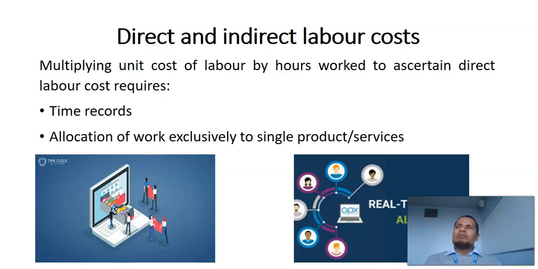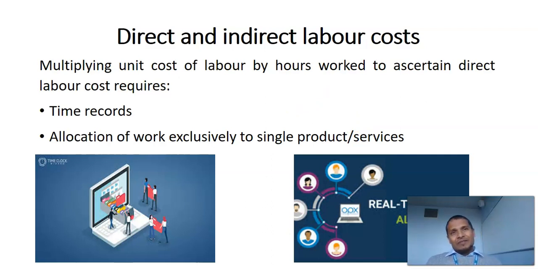So the record is maintained for the employee, as well as how much time employees are working for a particular product or service. That is also being recorded. Why? Because if you want to determine the cost of a particular product, you need to know how much labor cost was spent on this particular product.